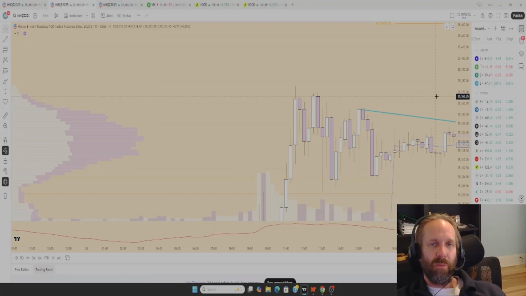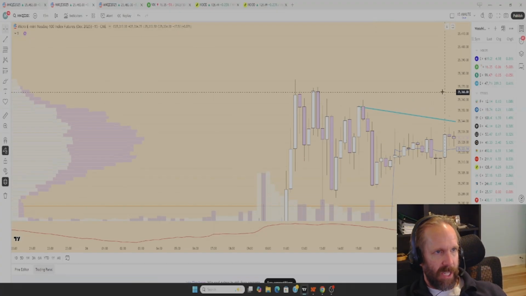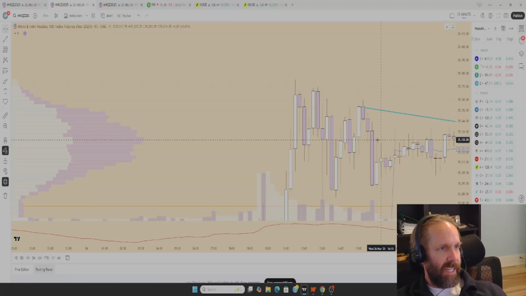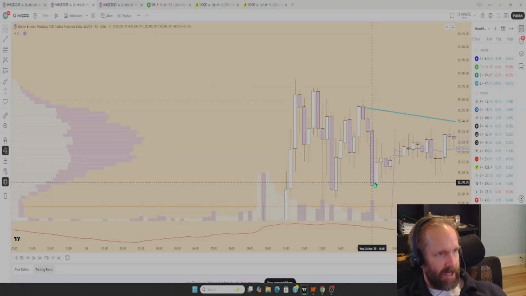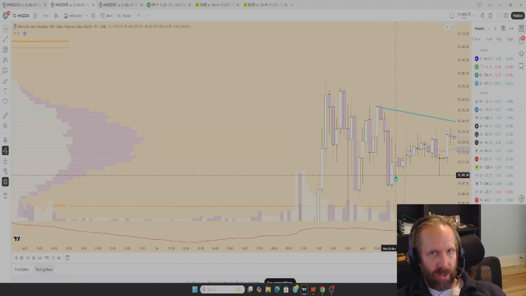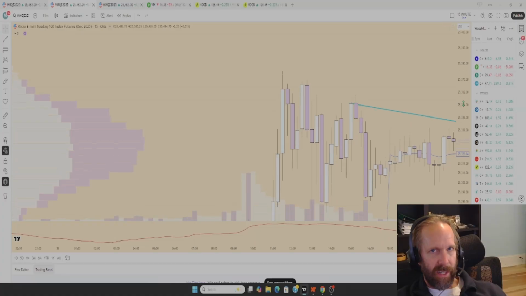There's a time and a place for that, but when you're in a range, you want to do the opposite of what most people are doing, which is they get excited when they see something like this, because the institutions are doing the opposite of people that get excited by things like this in ranges. So you want to be trading like institutions do, because they're the ones that move the price.